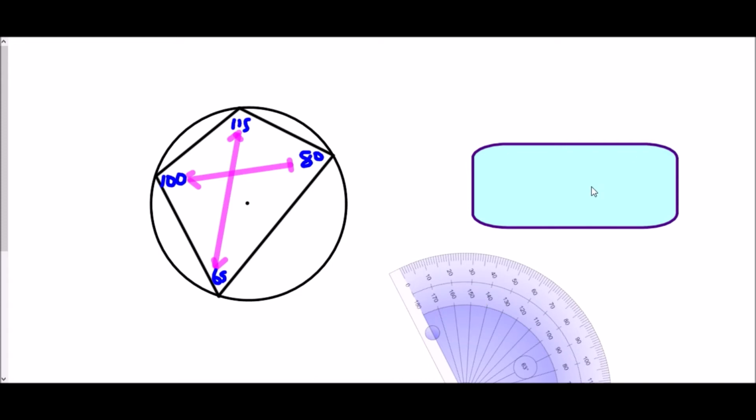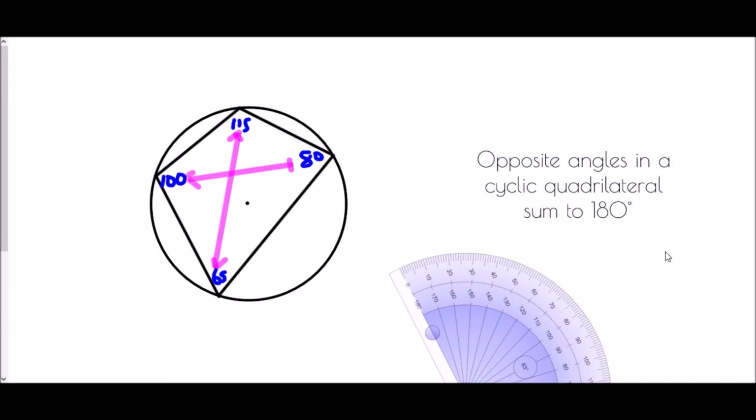Well, what I can say is that opposite angles in a cyclic quadrilateral sum to 180 degrees. 100 plus 80 is 180, 115 plus 65 is 180. And obviously in total we have 360, which is the sum of the angles in any quadrilateral.